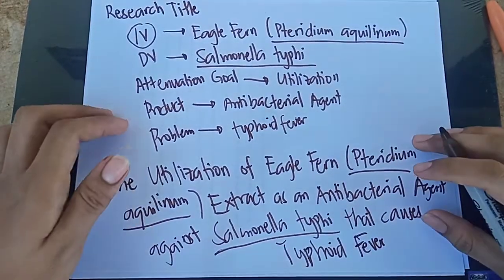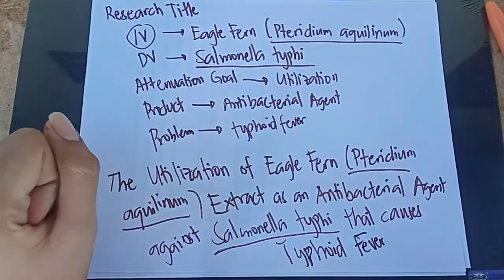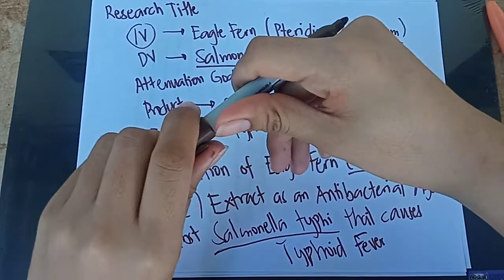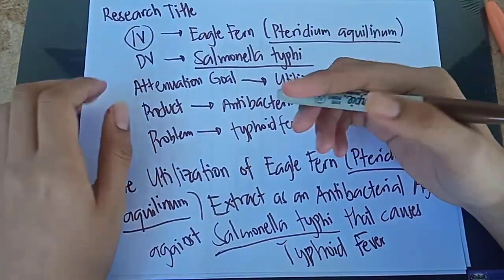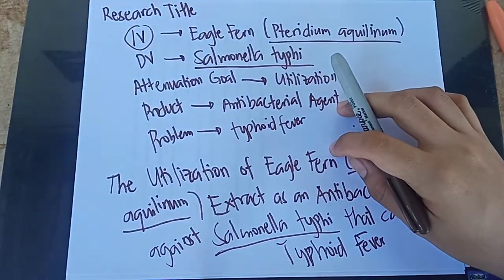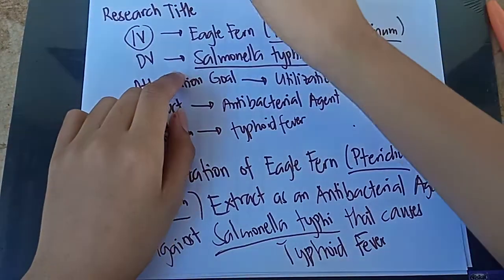So, meaning to say, when we have the gathering of basic information and preliminary data, and when we already have the hypothesis, we can now create a research title. So, what is the formula in creating a research title?